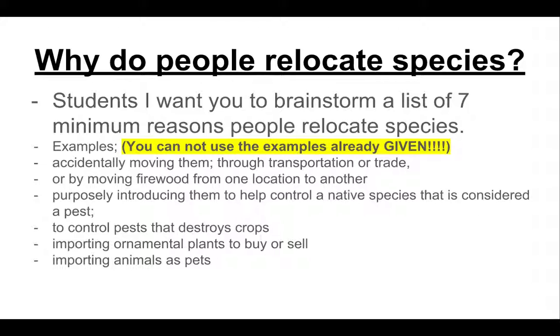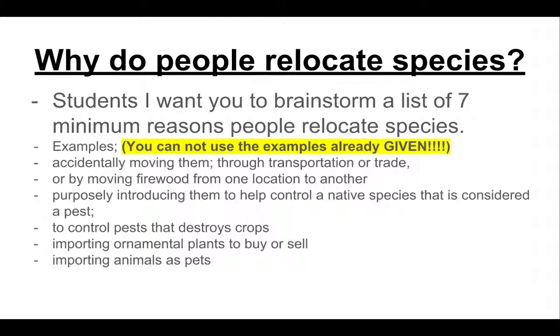For example, to control pests that destroy crops, which was an act during the early 1900s that brought over many various diseases. As you guys are learning about smallpox in the early 1900s, we studied about this last week, but you're learning about that in social studies as well.